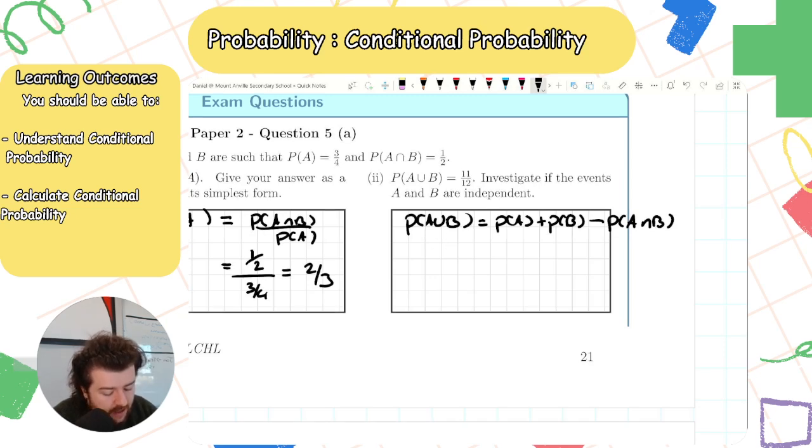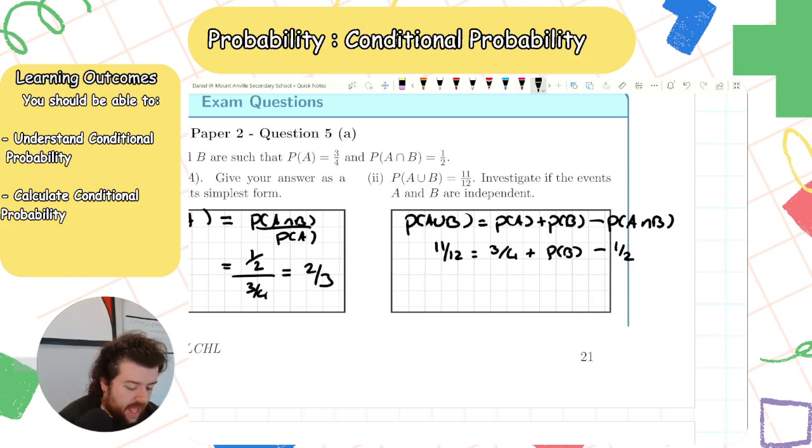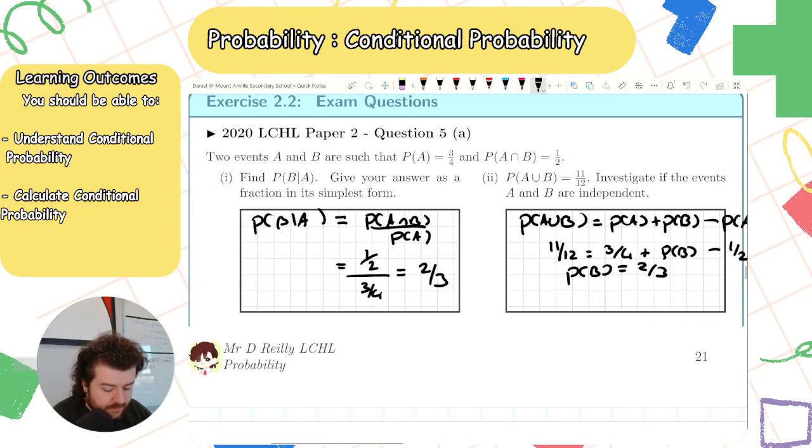So probability A union B is 11 over 12. That's equal to 3/4 plus the probability of B minus 1/2, since A intersection B is 1/2. So when you rearrange and solve for B, you'll get the probability of B is equal to 2/3.